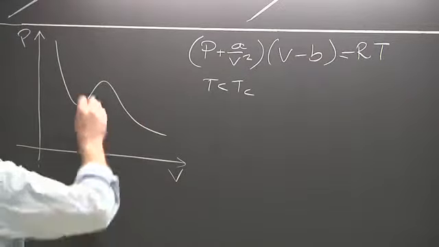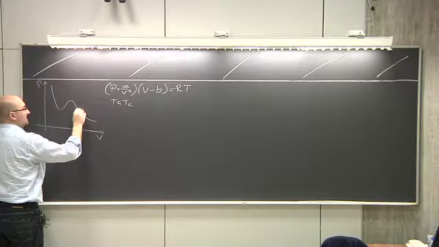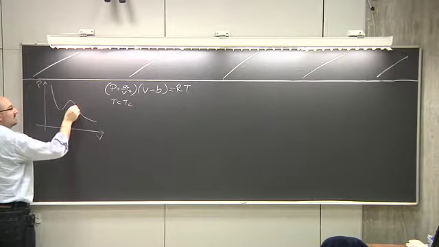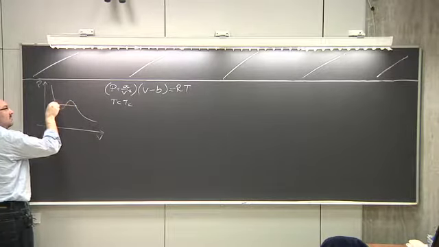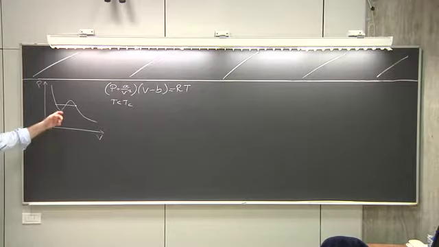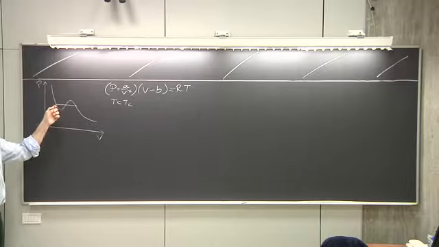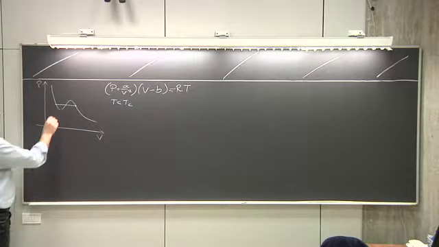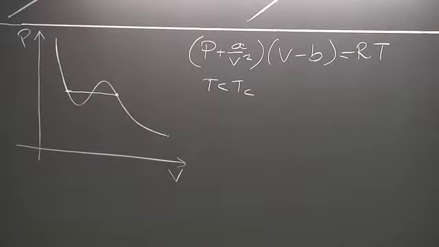What you find in the lab is that you go up from the gas, and then at a certain point you start generating liquid, and until all the gas is transformed into liquid, the pressure remains constant. And then when you have all liquid, the pressure starts increasing again.